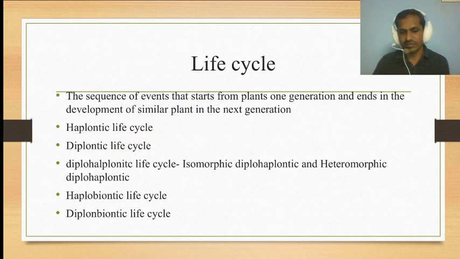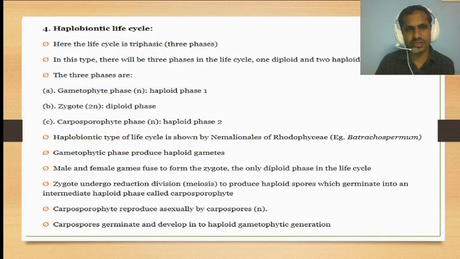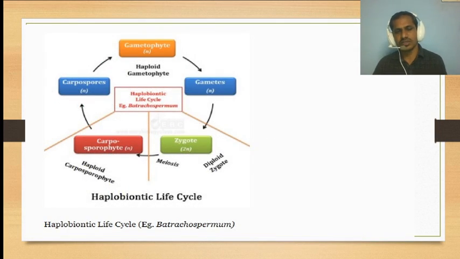So the next one is diplobiontic. Diplobiontic is also triphasic in nature. Among these, there are two diploid phases and one haploid phase.